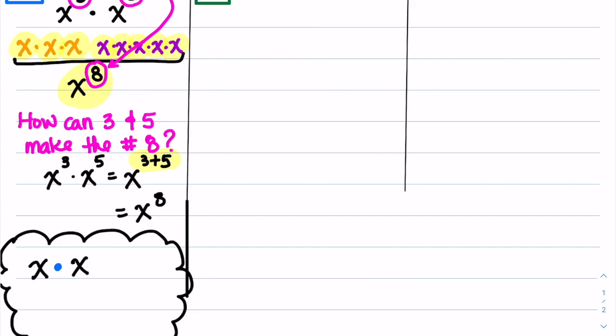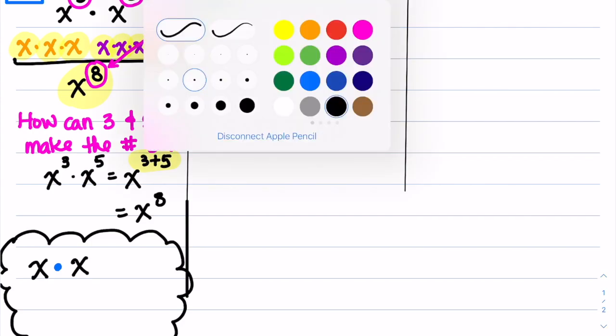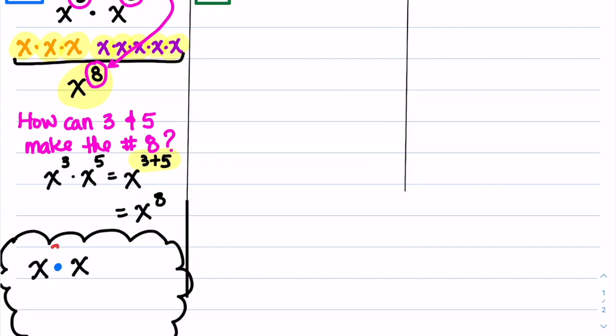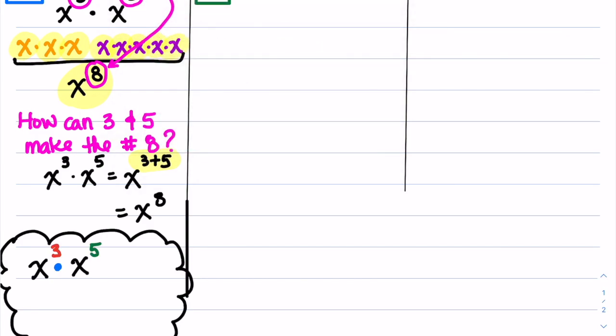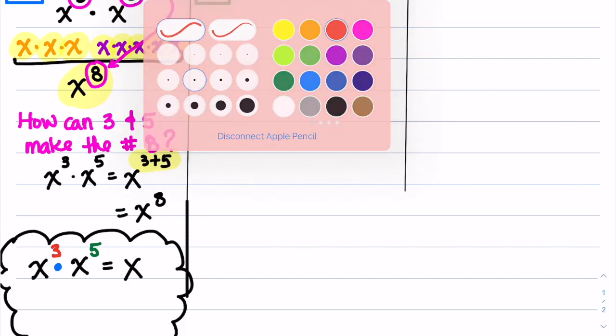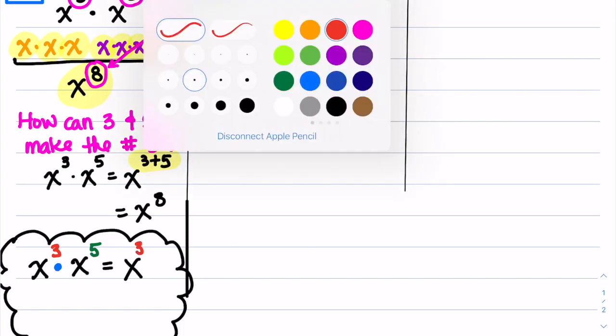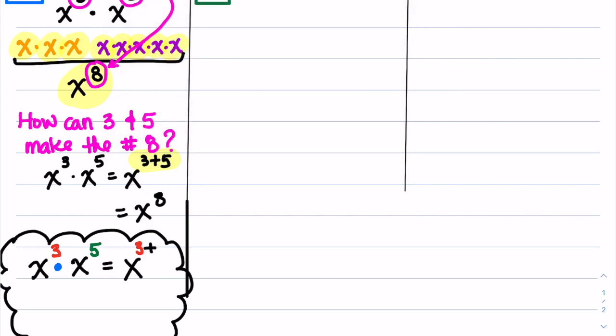If you have y's, then you've got to do y's. If you have x's, you've got to use x's. But you cannot bridge two different letter families together using this rule. And so if I had 3 for one, and if I had 5 for the other, the rule is saying I could say x to the 3 plus 5.